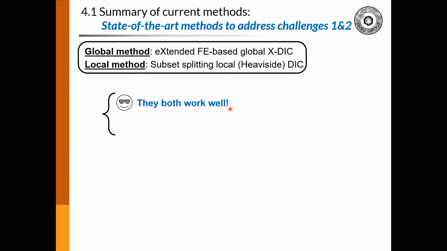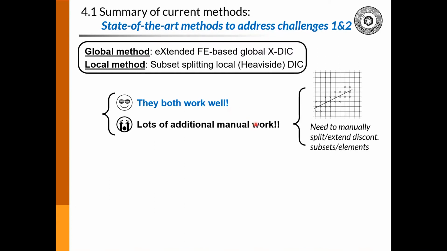They work well, as I showed you in some examples. You can track those very sharp jumps and also complex geometries, but they need a lot of manual work. Again, in the global method, you need to find which elements and which basis functions to extend. Locally, you need to find how to cut the subsets. So what I want to do is, can we do this automatically and more efficiently?